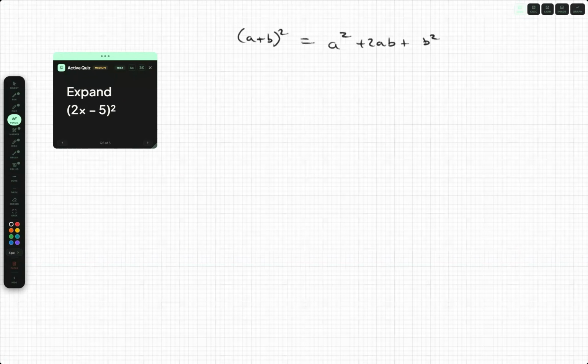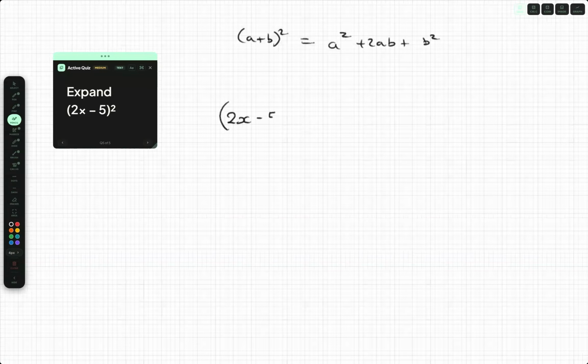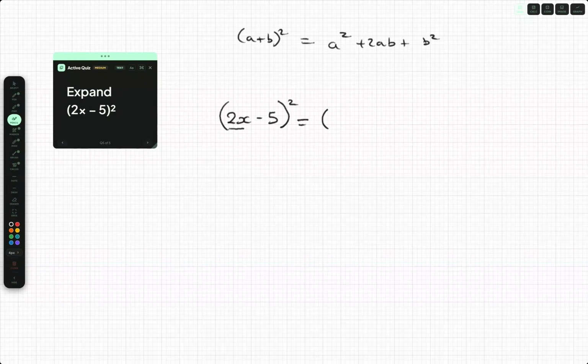Right, let's do our last one. 2x minus 5 squared. Again, we're imagining this whole first term is a. So we're going to do 2x squared.